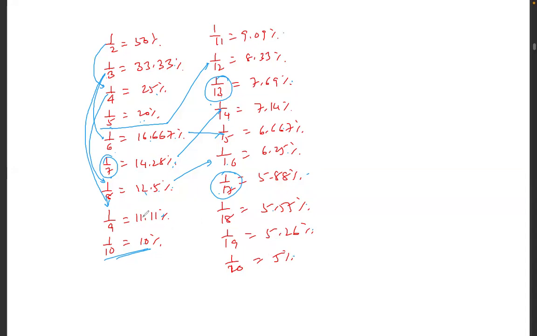Also, if there is some confusion, 1 by 9, half of 1 by 9 is 1 by 18, so half of 11.11 is 5.55. Okay, so you can interconnect this one. Yes. So this is the trick, you can remember this. Clear? Yeah. Now let's talk about percentage change.